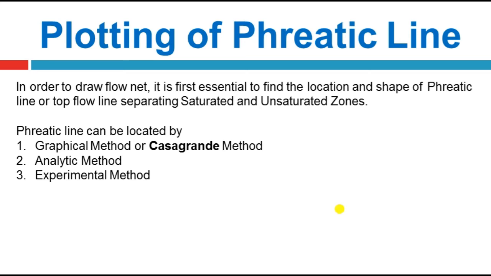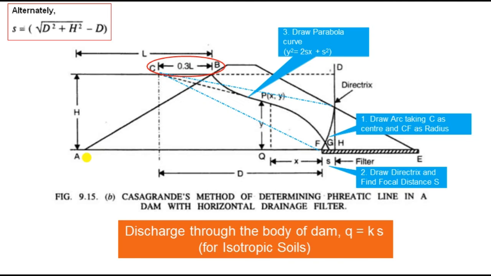So first we have to set the boundary, the top flow line separating the saturated and unsaturated zones. The phreatic line can be located by the graphical method or Casagrande method. There are also analytical and experimental methods, but this is a graphical method.